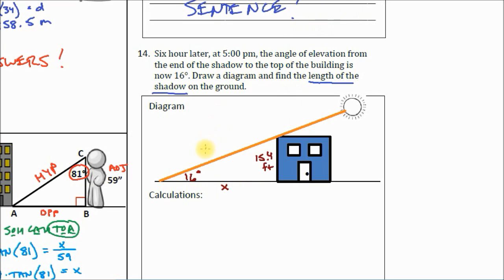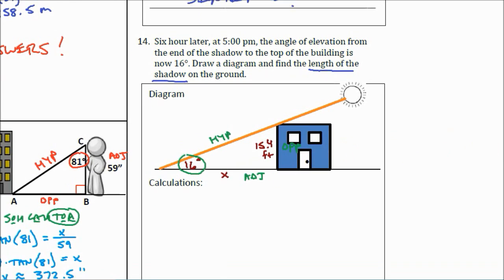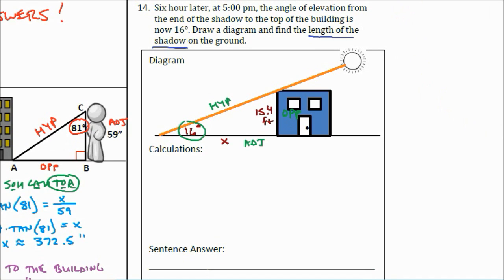Let's go ahead and label our triangle. We know this is the hypotenuse. This side over here, the building height, is still opposite, and the x value is now adjacent to our known reference angle. All right, let's write SOHCAHTOA.